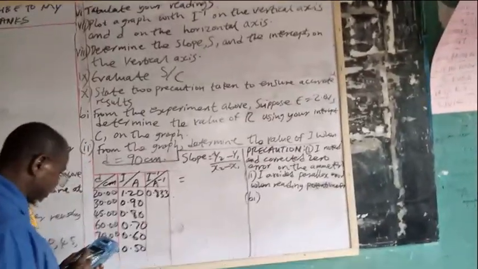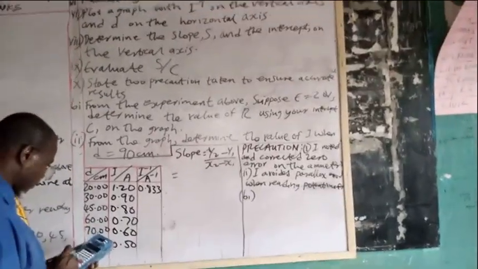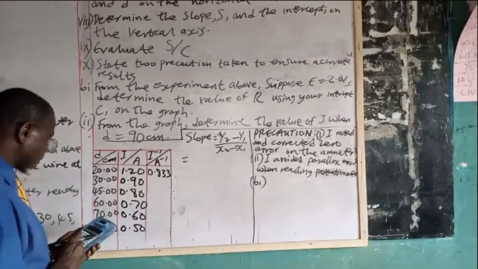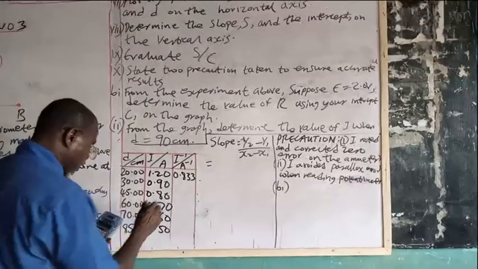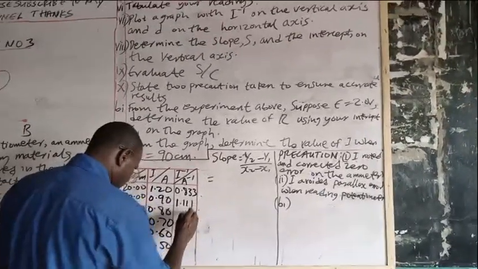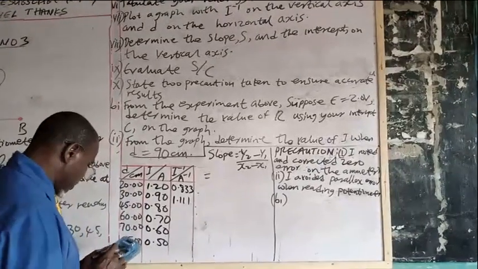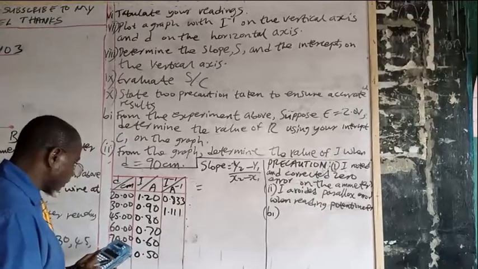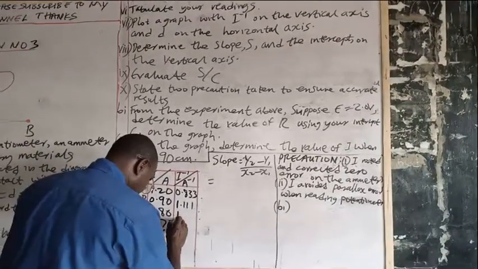Inverse of 0.9 is 1.11. Inverse of 0.8 is 1.25.